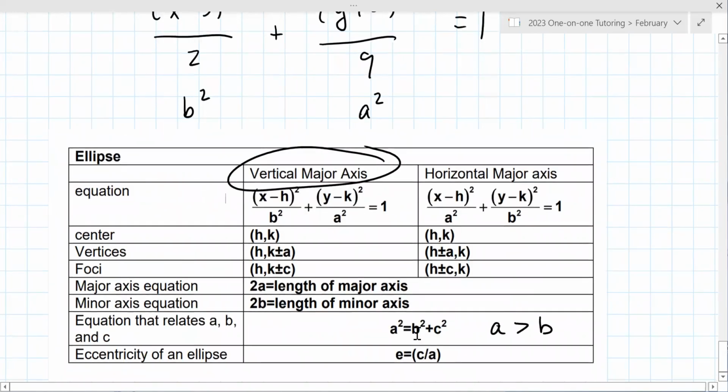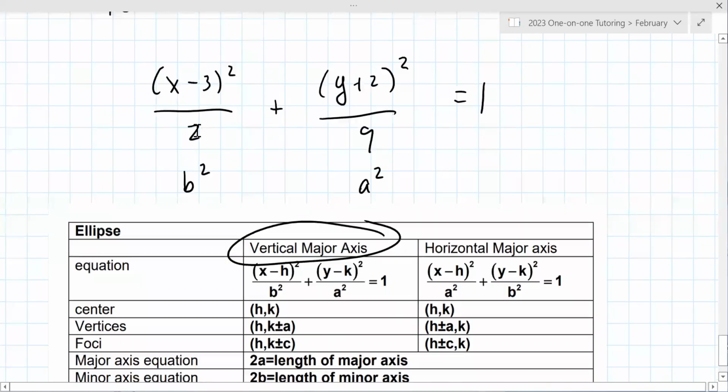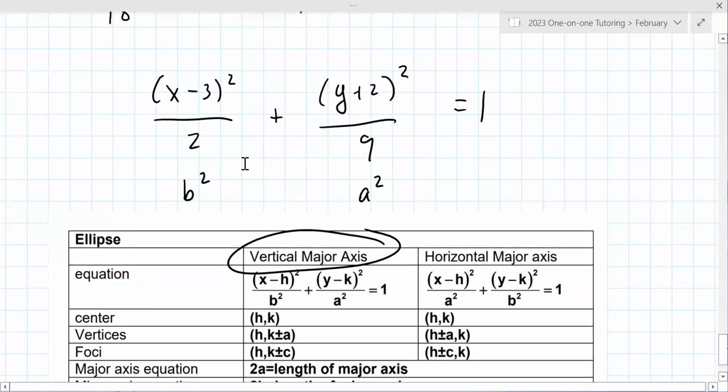The answer is A is always bigger than B. So the one that's bigger on the bottom is A. That's the best way to do it. And that tells you which one it is, which in this case, because the A goes with Y, it's the vertical major axis. Okay. All right. That makes sense.